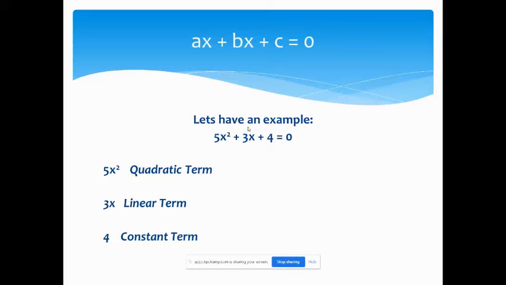Lastly is the number 4, which is called the constant term, a fixed value, and there is no variable x in the constant term.